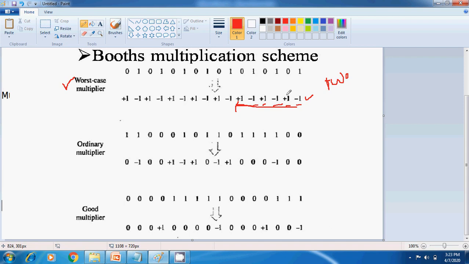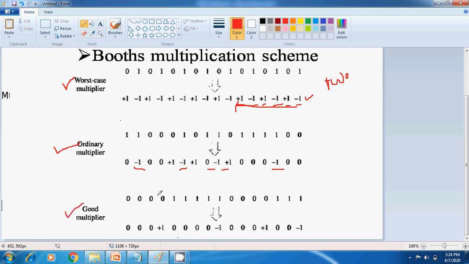So obviously, if I am getting -1 +1 -1 +1, ultimately the efficiency is reduced. And the second case is one kind of ordinary multiplier where I am getting a few -1 and +1.